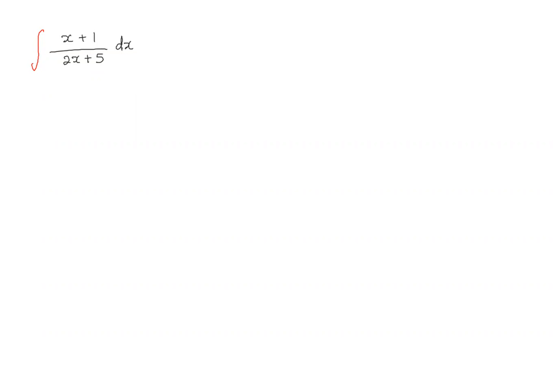Up is linear, down is linear. So what should I do?